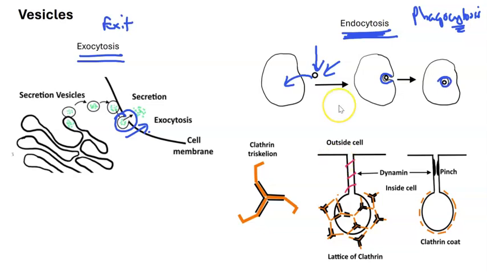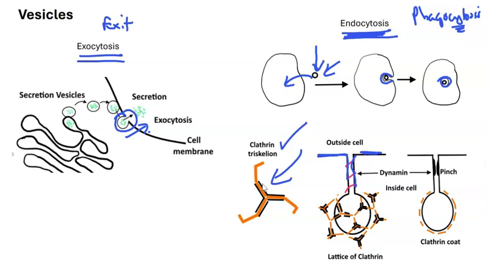Now, in order for this to happen, the cell membrane is here, and the membrane folds inwards under the influence of some molecules called Clathrins, like this. And the actual name of this protein molecule, which I've tried to draw here, is called a Clathrin triskelion.